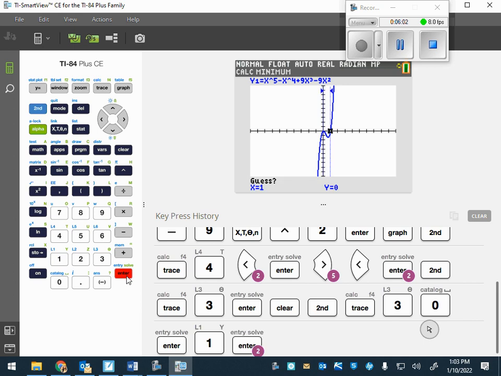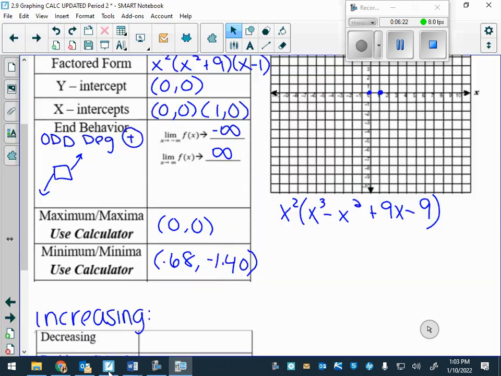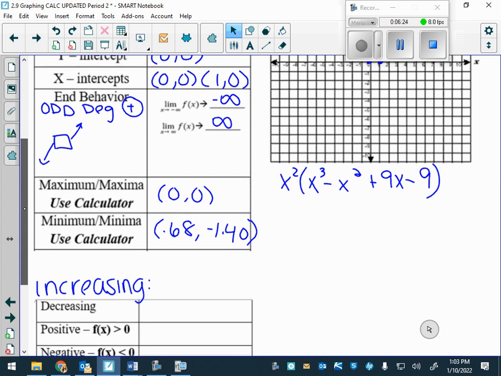I'm going to hit enter, and the minimum is exactly what we were told. 0.68 and negative 1.40. Okay? And we keep the point as is, x and y, because you need it for increasing and decreasing. Okay? Any questions?